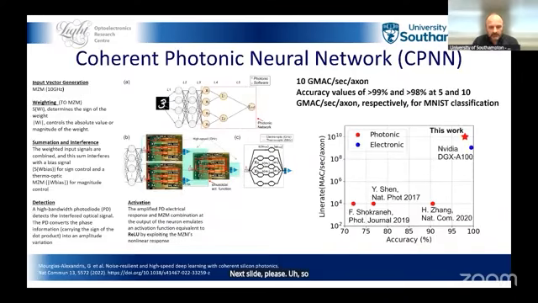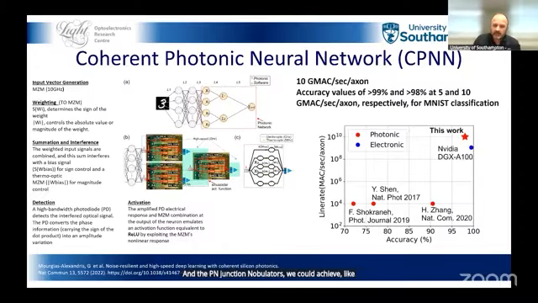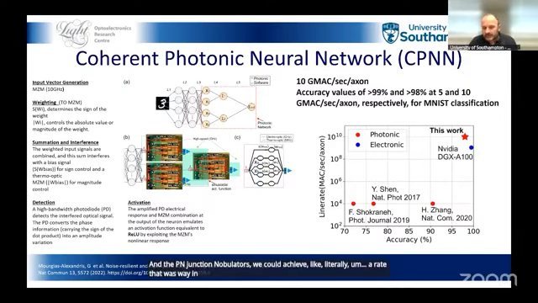So here is an example of what we did with some of the Cornerstone active runs. This is SOI 220 active, for instance. The point of this was just to demonstrate that using a coherent system and PN junction modulators, we could achieve literally a rate that was way in excess of what, for instance, NVIDIA could produce, right?